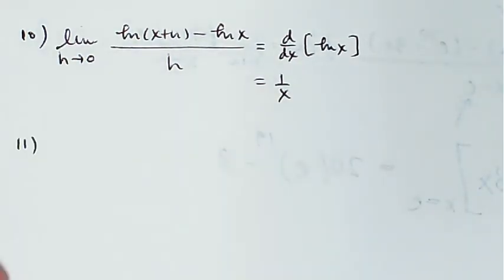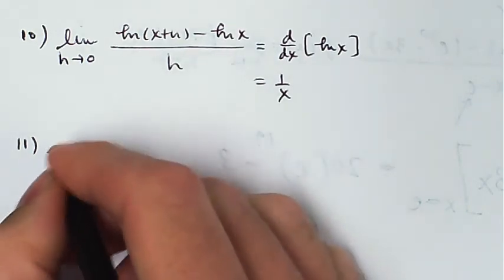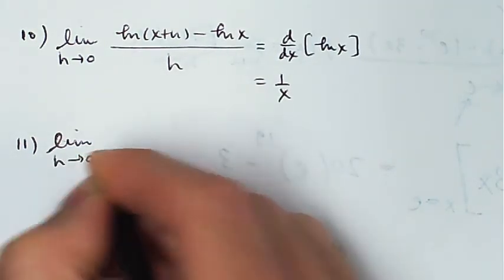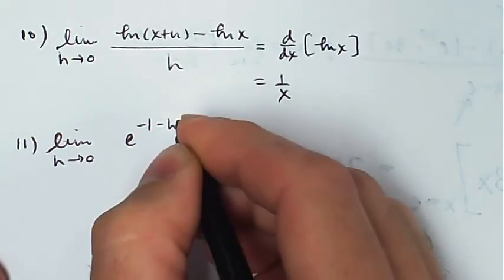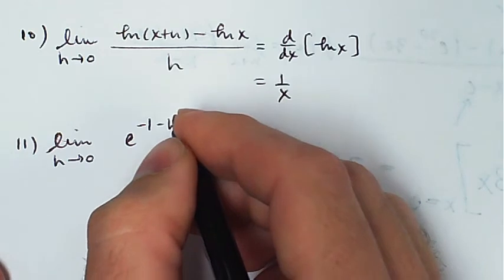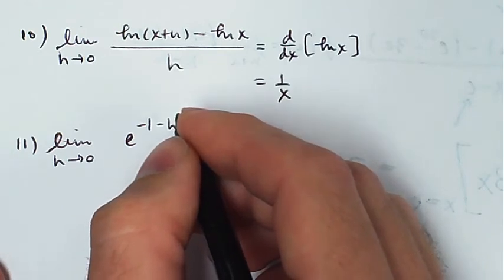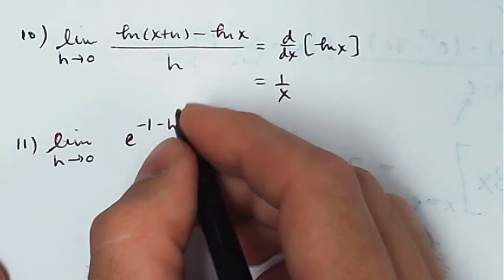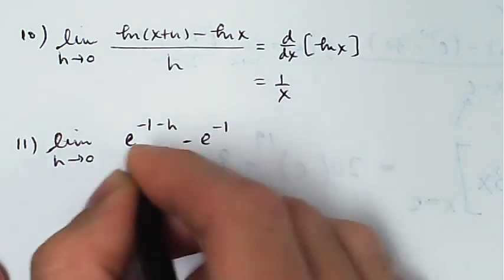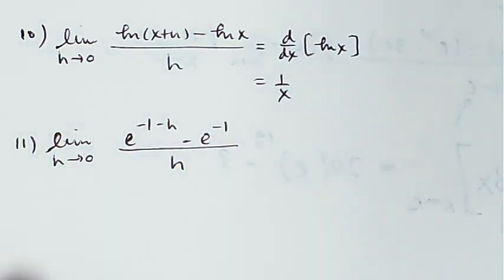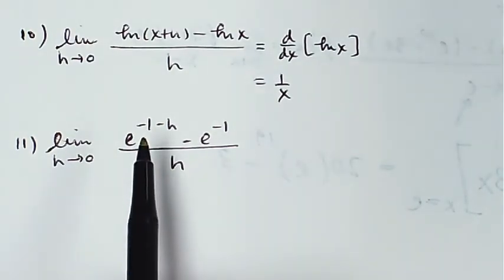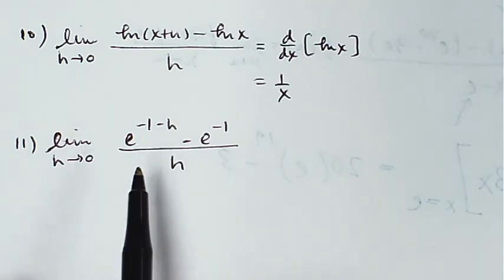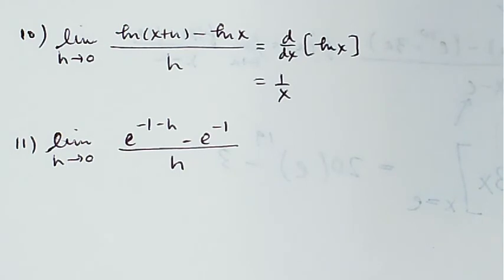All right, for number 11, the limit as h approaches 0 of e to the negative 1 minus h, minus e to the negative 1, all divided by h. Okay, this one is tricky because I think it's... Oh man, I didn't notice this when I copied the problem.